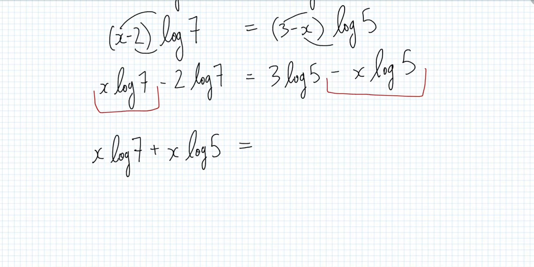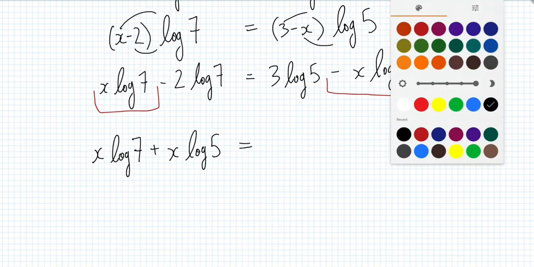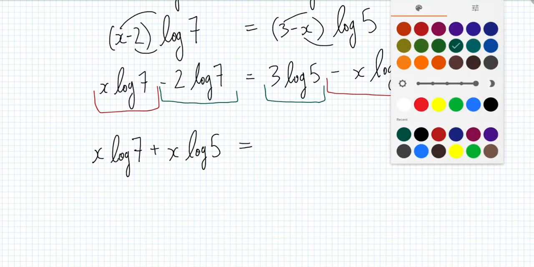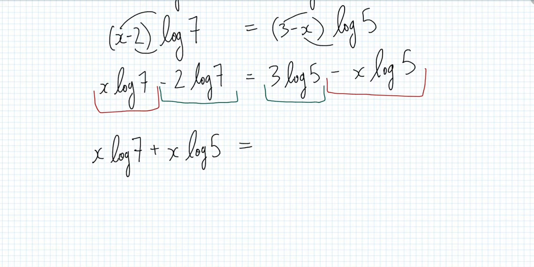equal to, and while we're at it, we're going to move these non-x log terms onto the same side, denoted by that sort of dark green color. So that will give us 3 log 5, that stays there.